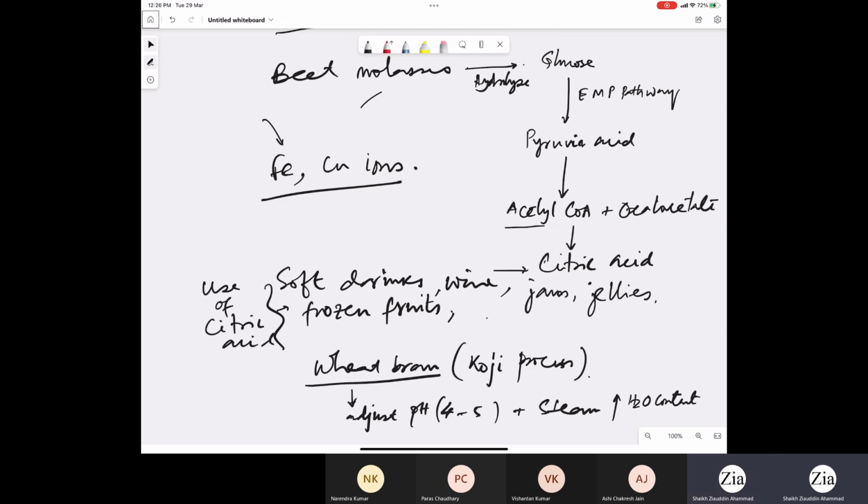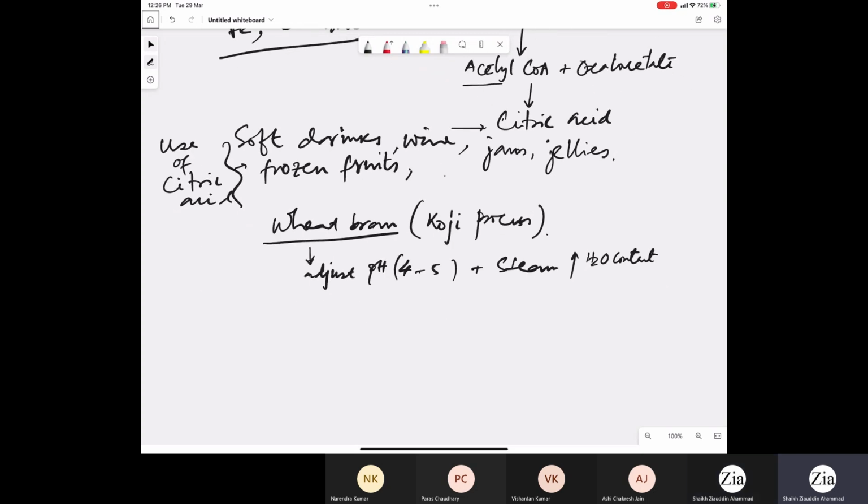Whenever you get the water content in the range of 70 to 80%, it is suitable for fermentation. So after raising the moisture content to 70 to 80%, you wait for the temperature to reduce. The temperature will be reduced to 30 to 36 degrees centigrade for fermentation.